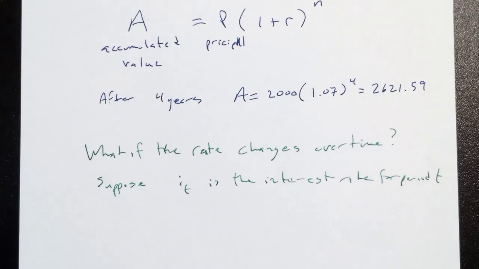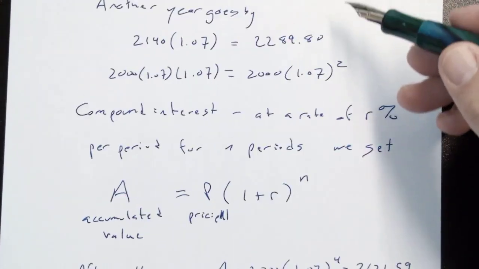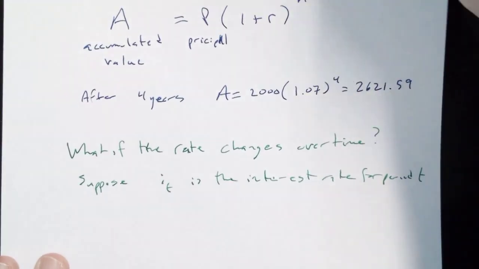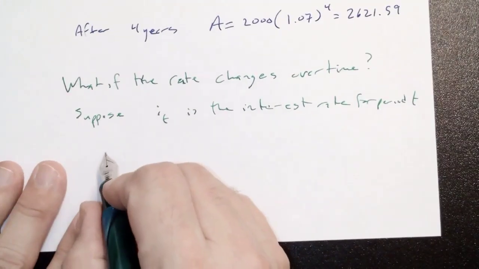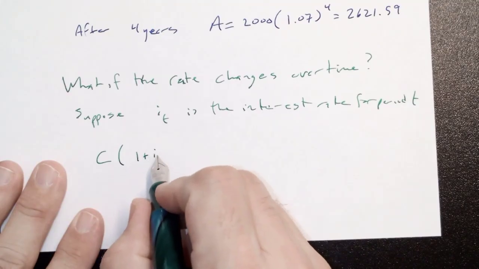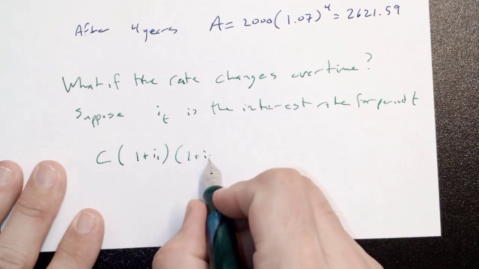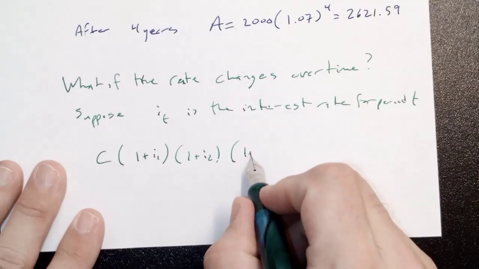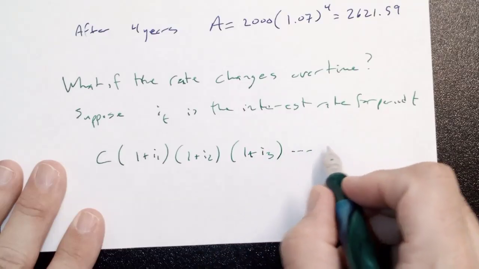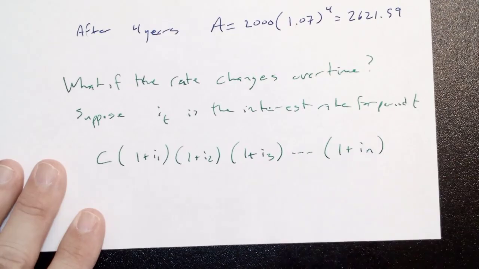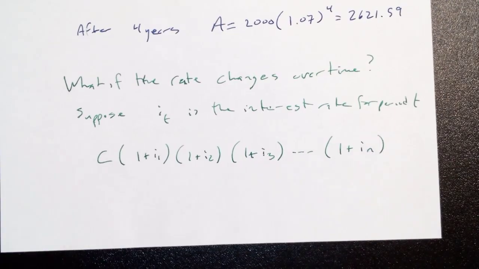So maybe that's 7% this year, 8% next year, 6% the year after, 5% the year after that, whatever. Well, then each one of these multiplications could be different. So I can't use a single exponential. What I will have is a giant product.